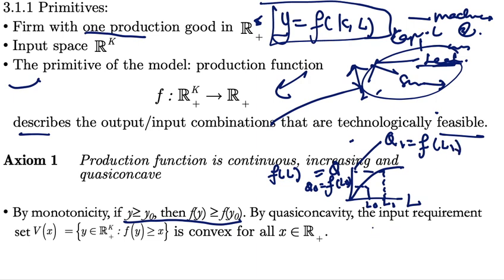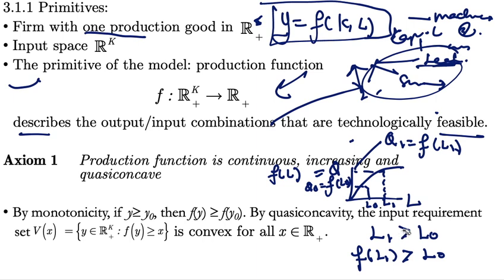And if L1 is greater than or equal to L naught, then this implies F(L1) is greater than or equal to F(L naught). But in this graph, it is very clear that it is greater. So by monotonicity, we have this. But if we have greater only, without the equal sign, then it is strict monotonicity.